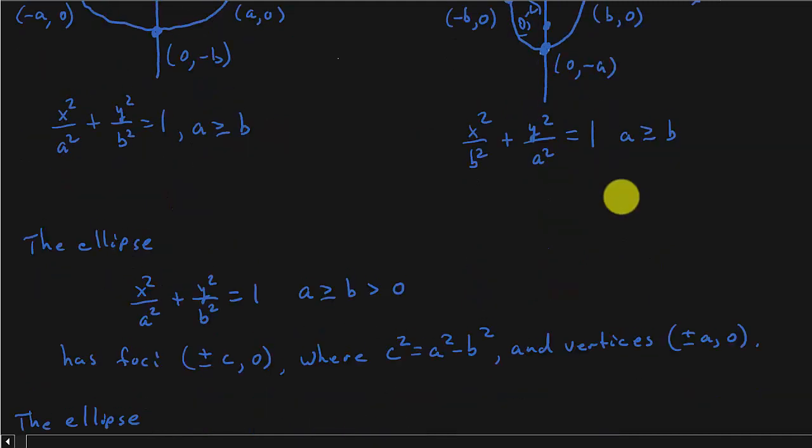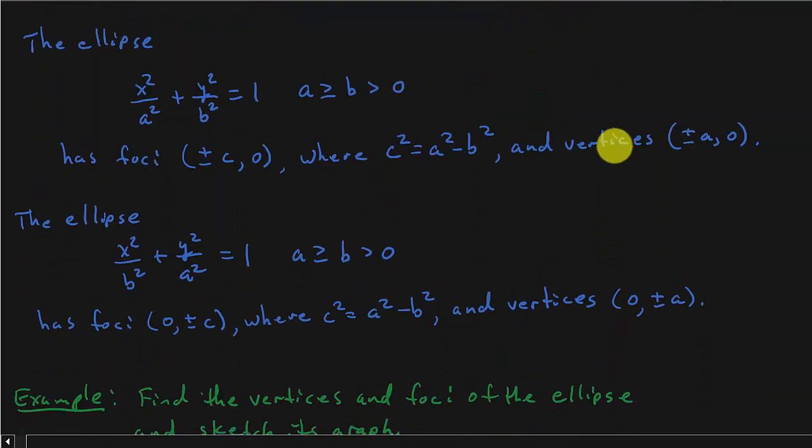All right. And so here we have the ellipse, just like we said before. It's x squared over a squared plus y squared over b squared equals 1, where a is greater than or equal to b, and both of them are positive.